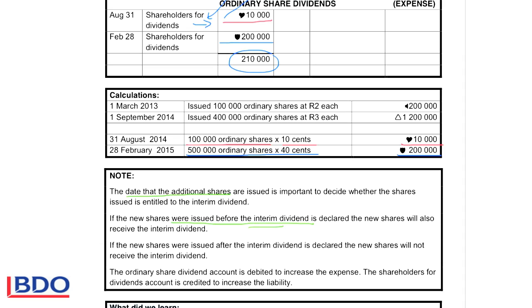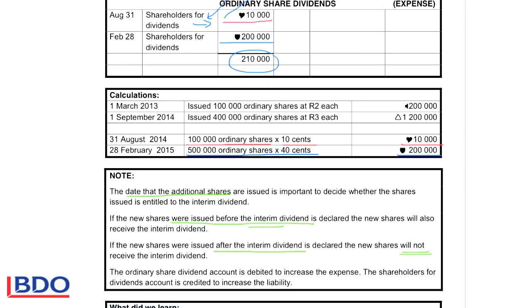Even if they only had the shares for 2 or 3 days, if they bought the shares before the interim dividend was declared, they are entitled to this dividend. The old shareholders and the new shareholders will then receive the interim dividend. If the new shares were issued after the interim dividend was declared, then the new shares will not receive the dividend, because they didn't have these shares at the date that this interim dividend was declared.